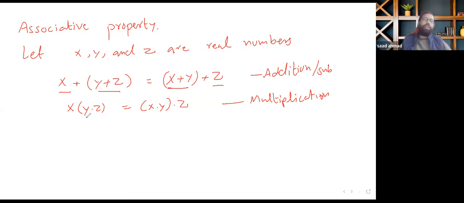And similarly in multiplication, either you multiply two numbers like y and z first and then multiply with x, it will give you the same answer as you multiply x and y first and then multiply with z. Let's say, for example, we have 3, 2, and 5. These are our real numbers.